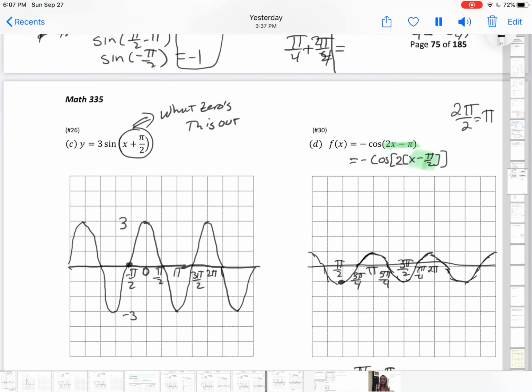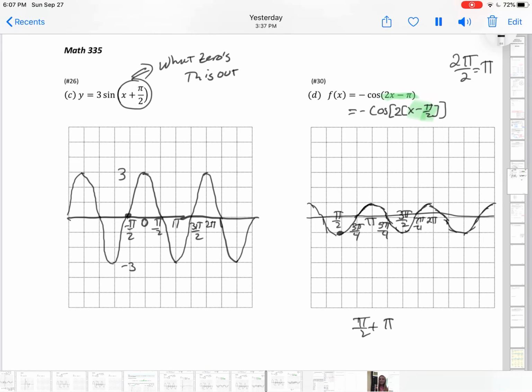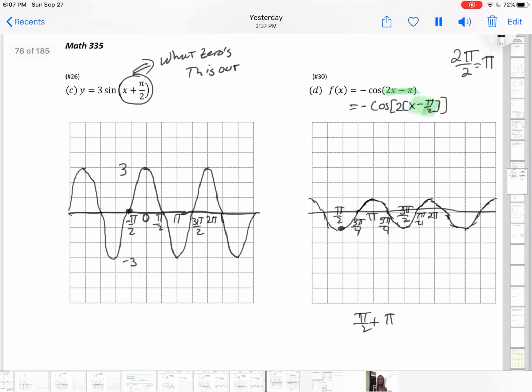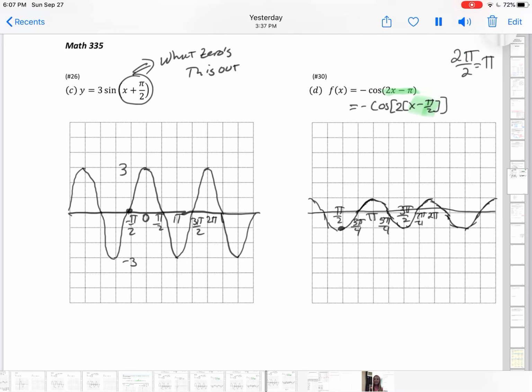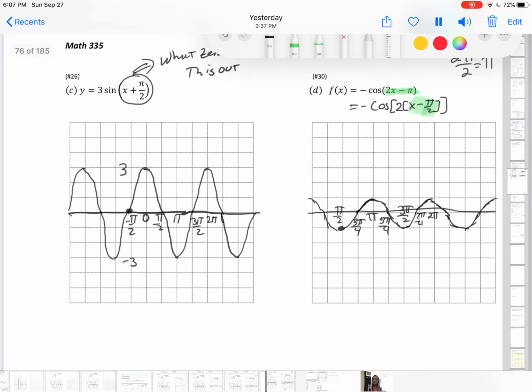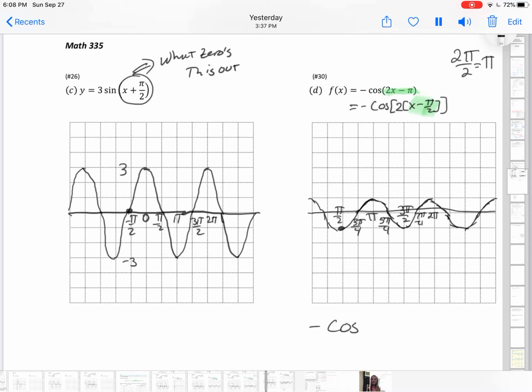And then I would just check myself, does it all work out? So what's something that I'm claiming? I'm claiming that 3 pi over 2 has a -1 output. Let's go put that in there, and hopefully that works. We have negative cosine of 2 times 3 pi over 2 minus pi.